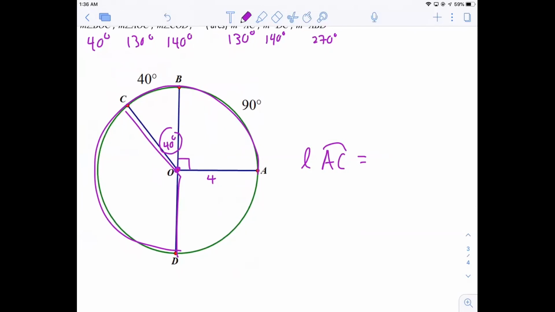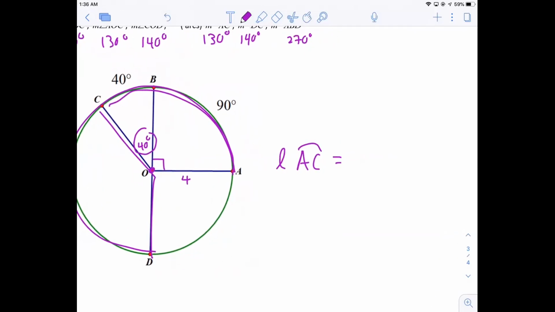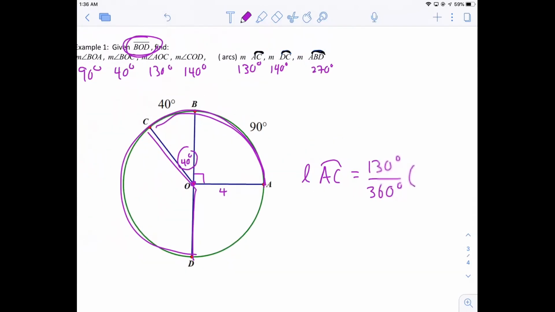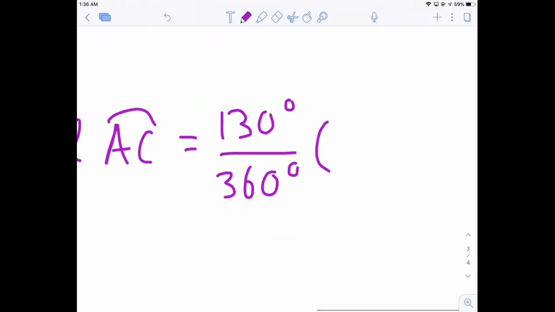So AC is 130 degrees. So the fraction of the circle it makes up is 130 over 360. And all we have to do is multiply that by the circumference. With a radius of 4, the circumference is 2 pi r, so that's going to be 8 pi.